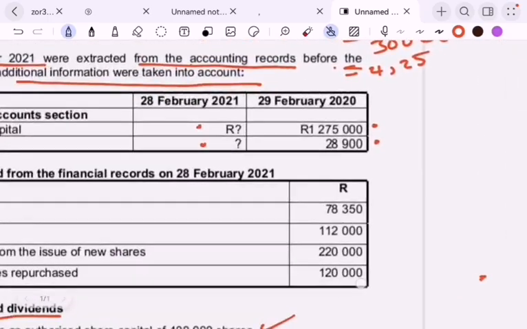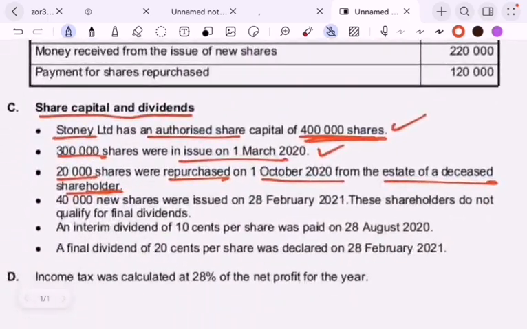And then we go to the next bullet. They said 40,000 shares were issued on 28 February 2021. These shareholders do not qualify for the final dividend. That's the most important one there. So they're saying 40,000 shares were issued on 28 February, which is the last day of the financial year.